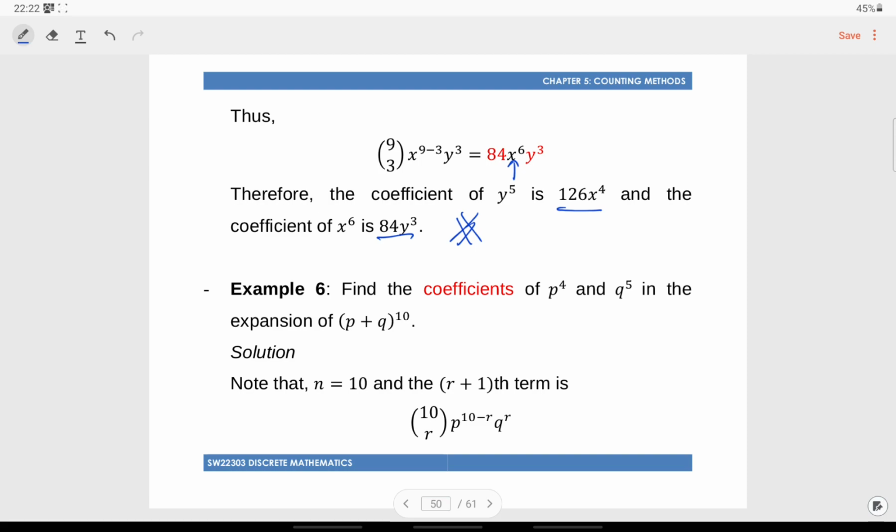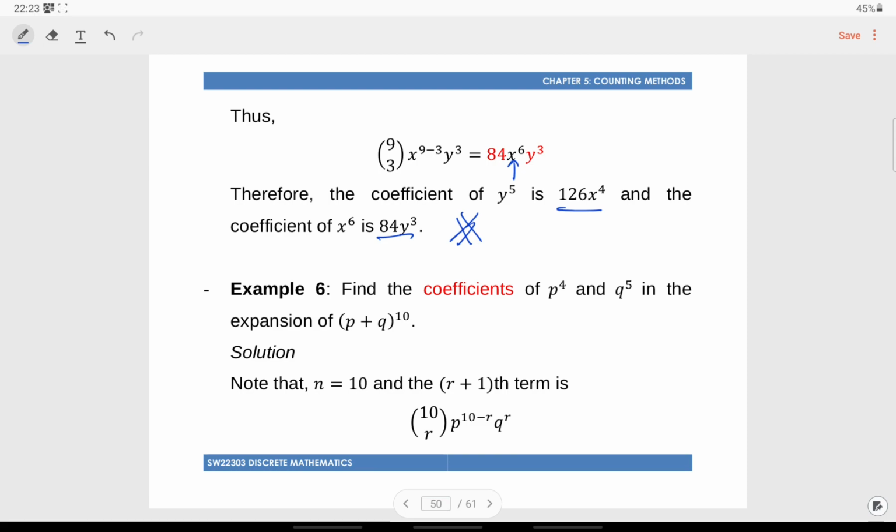Next, find the coefficients of P4 and Q5 in the expansion of (P plus Q) to the power of 10. From the given question, we have the following information. We note that n equals 10, and the r plus 1 term can be computed using the following equation: 10 choose r, multiplied by p to the power of 10 minus r, multiplied by q to the power of r.